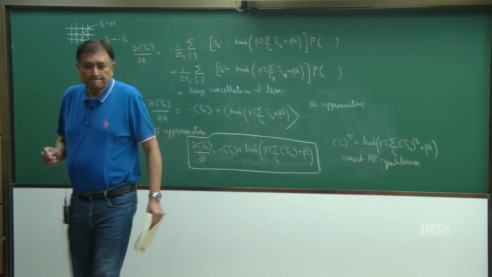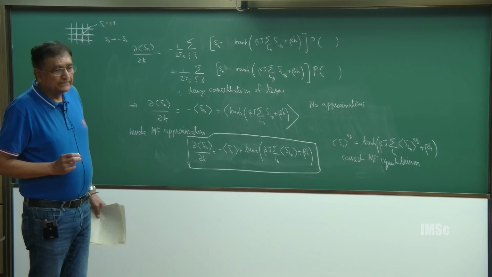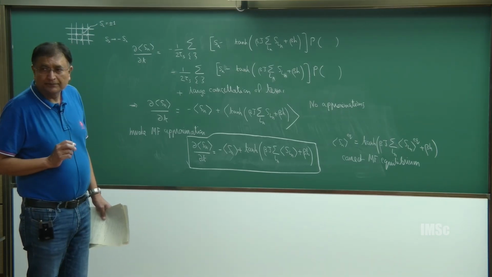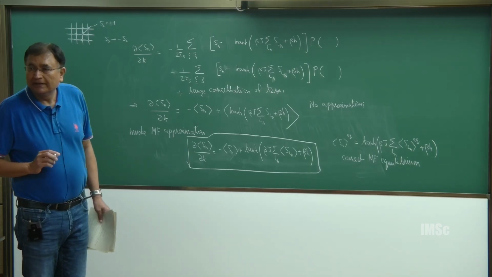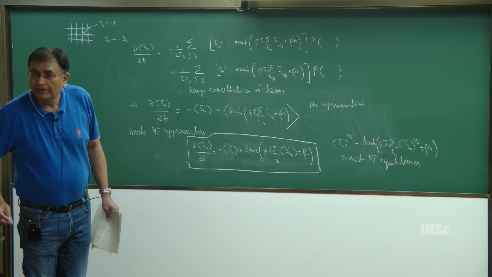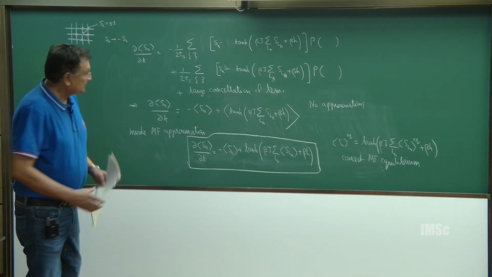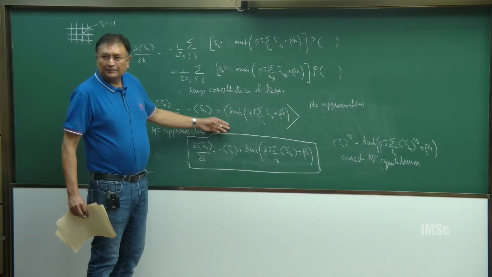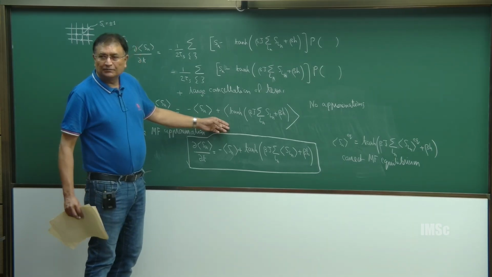Okay. Any questions at this point, or can I proceed? Why is this mean field approximation a good approximation? Why do you do it? See, if you look at the original equation, this is exact. But it's not a single equation. Why?